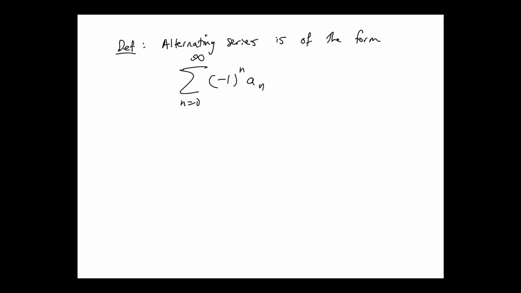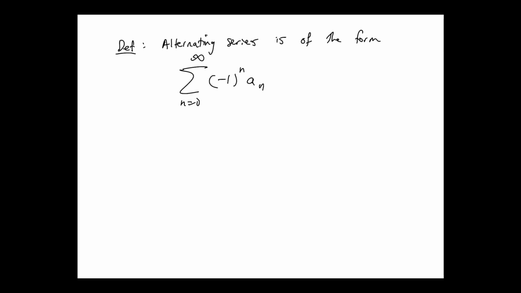It has an a sub n term that's non-negative, like before, but we have this thing in front that's basically -1 to some power, and depending on whether that power is odd or even, it determines whether the term is plus or minus. So this series will alternate: one term will be plus, the next one will be minus, and so on.